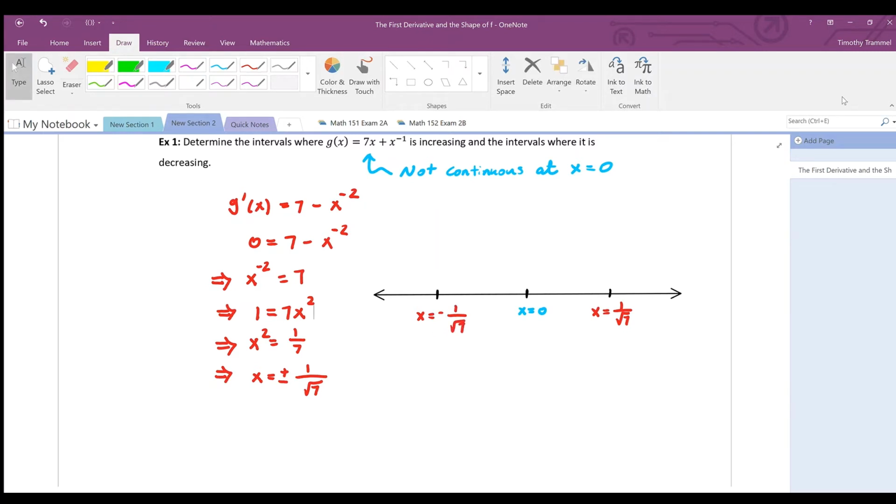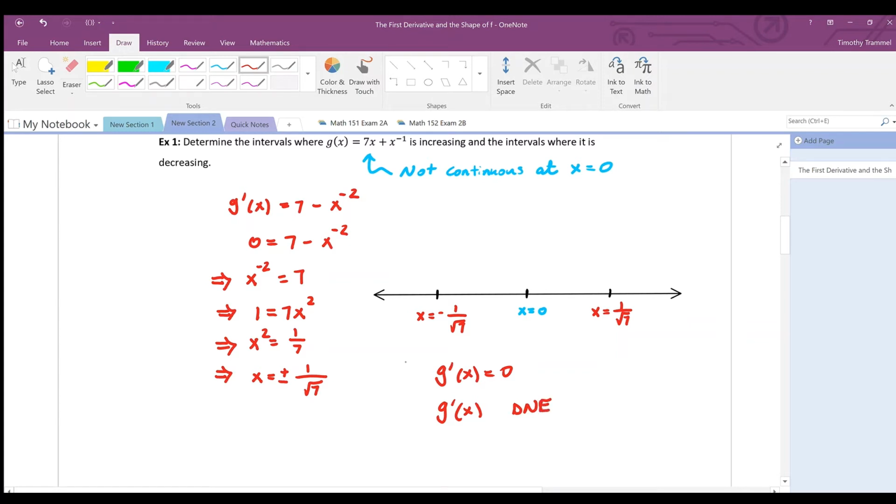Now that you can see we have our number line here and it's labeled, I want you to think about the points that we chose to put on the x-axis here. The points that we chose to put on our number line are really specifically the ones where our first derivative, which is g prime, is equal to 0, or g prime of x does not exist.